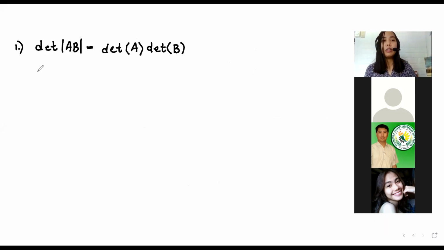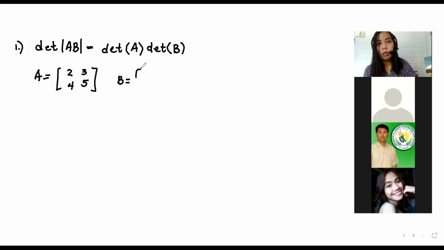Given that matrix A is 2, 4, 3, 5. And matrix B is -2, 4, 1, 2. Okay, so let's get it first. Before we get this, we need to get the product first. The product of AB.